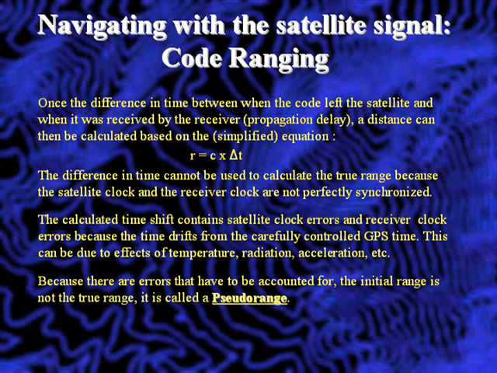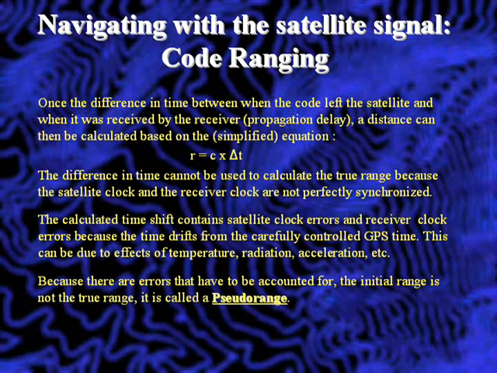These clock errors can be due to temperature changes, radiation, don't necessarily think about the receiver radiation here, but in space, radiation that the satellite received. Acceleration, how fast the satellite goes, relativity theory, those things. So there are some clock errors in here.